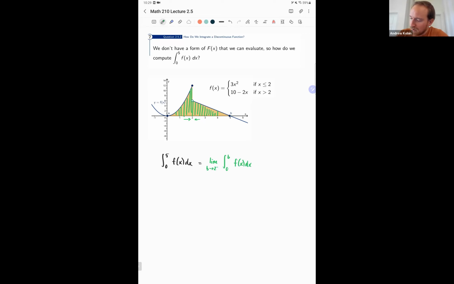And that's going to capture the left side of this region. On the right side, I'm also going to take a limit, and I'm going to start at 2 here. So I'll let the lower limit be a, and we'll go up to 5 of f of x dx. And here I'm going to approach 2 from the right. This integral will capture the right side of this figure.